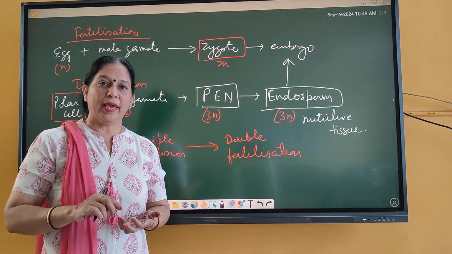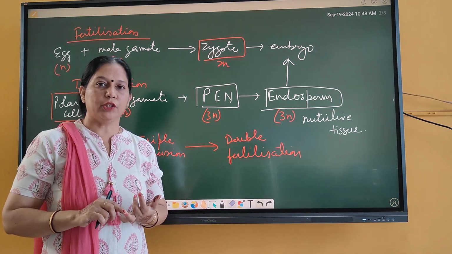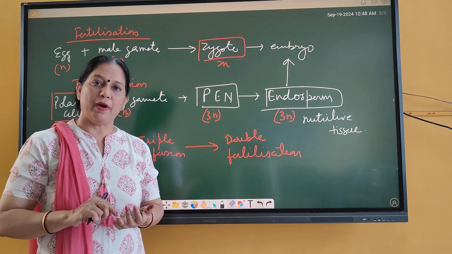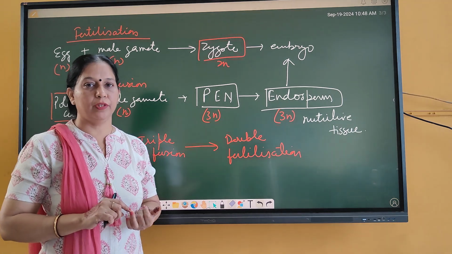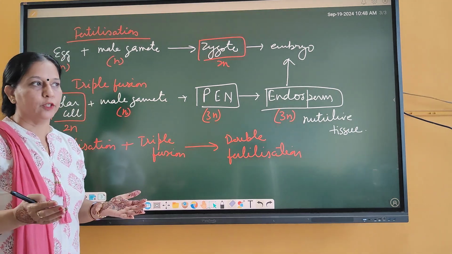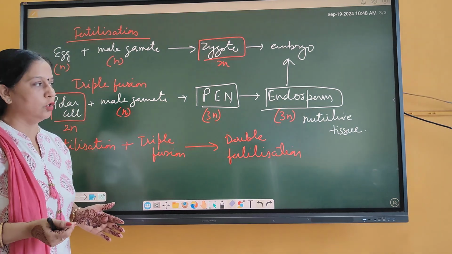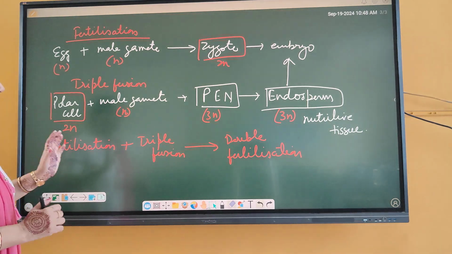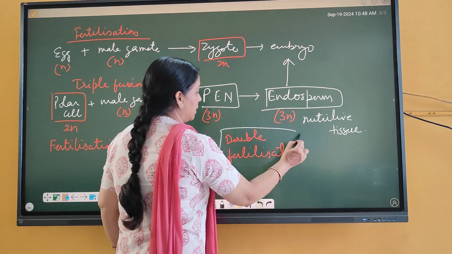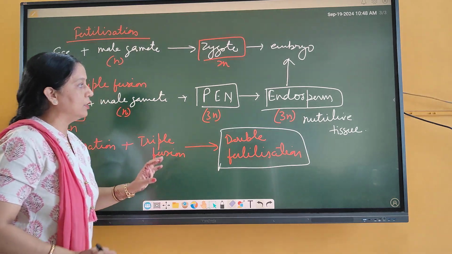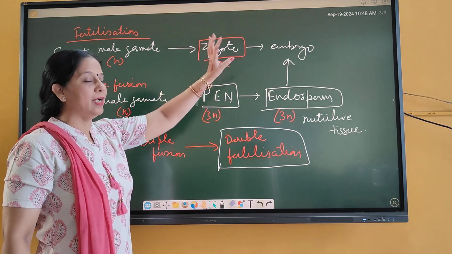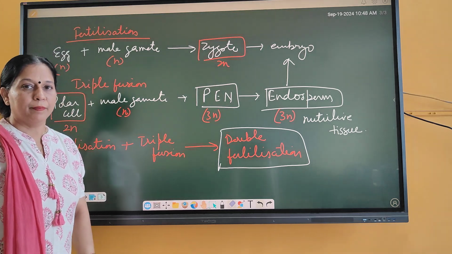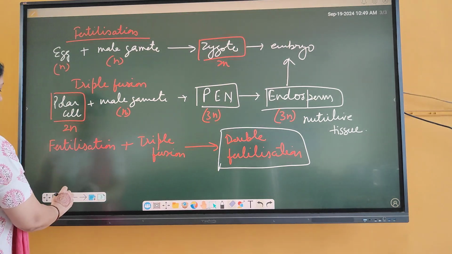So there will be two ways, either endosperm is consumed at the time of development of embryo or it is consumed at the time of germination of the embryo. So that differentiates between endospermic and non-endospermic seeds. But what is the aim of double fertilization? It is just like nature has made the arrangement of food for the zygote when it is developing into embryo. So this entire event is double fertilization.